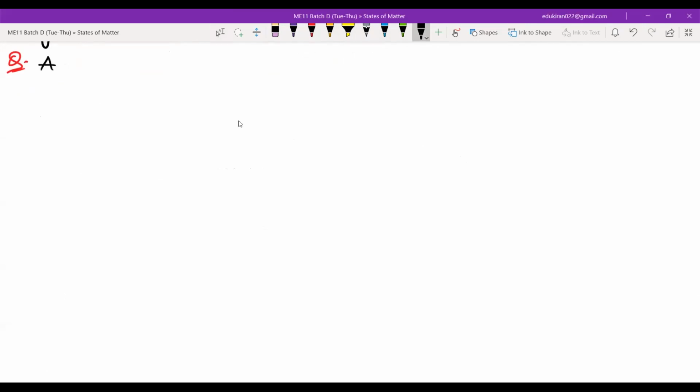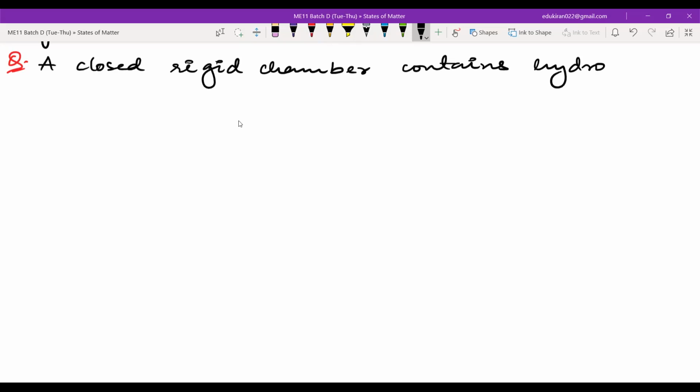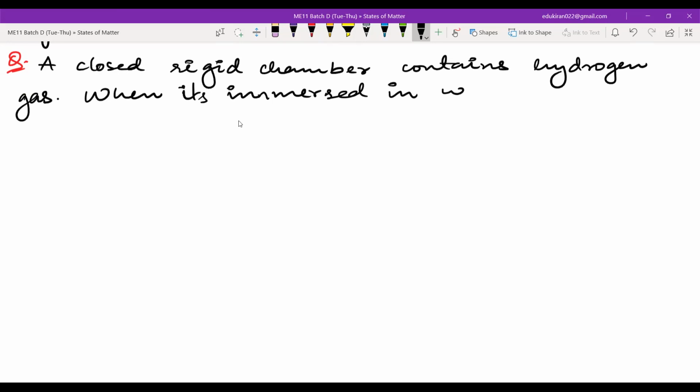A closed rigid chamber contains hydrogen gas. Contains what? Hydrogen gas. Now, when the chamber is immersed in water bath of melting ice.